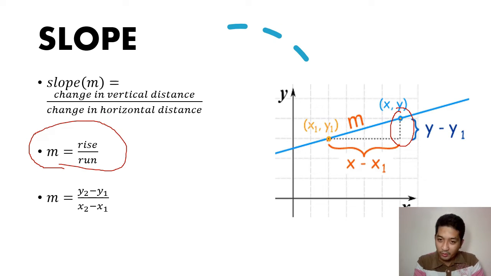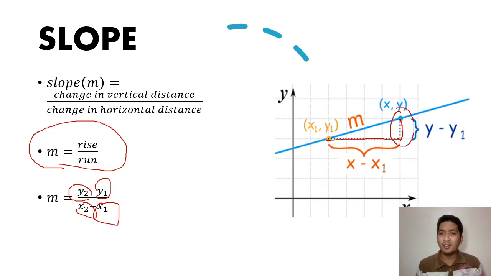So that is what we call the rise over run, and it's the slope. So in formula, using 2 points of a line, we have y sub 2 minus y sub 1 over x sub 2 minus x sub 1.